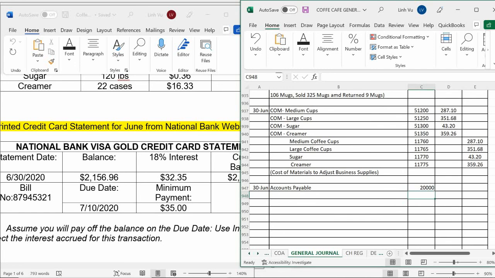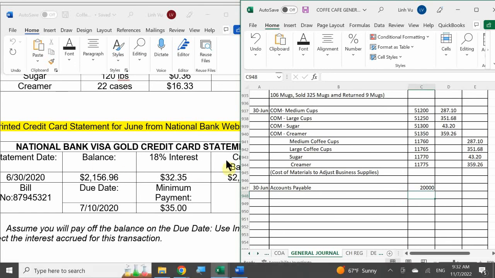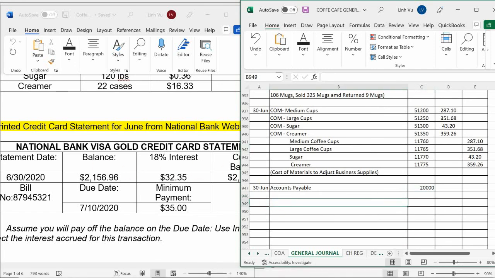So therefore, you should have a Visa payable. Actually wait, sorry, I have accounts payable here. You should have the Visa payable here because you're going to decrease your credit card and you're going to assume that you're going to pay it later, for the full amount.